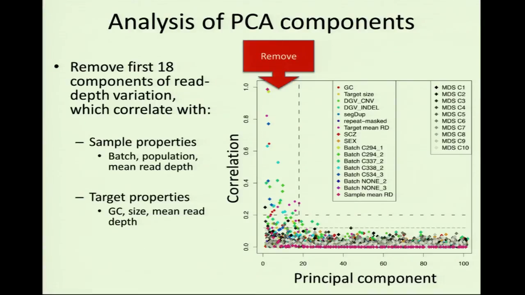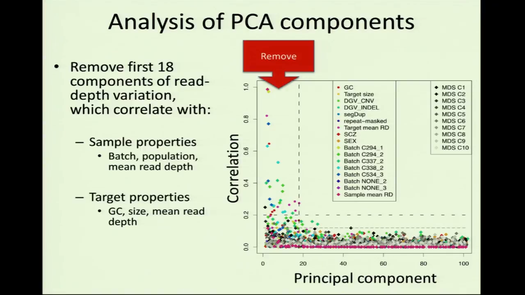So certain batches might have had higher coverage, and that's an important factor that you should take into account. What else was important was the GC content, as we saw. Gender was important. But most importantly, besides batch, was just the mean read depth per sample. So even within a batch, there are certain samples that have higher or lower mean read depth, and that's a strong component that needs to be corrected for.